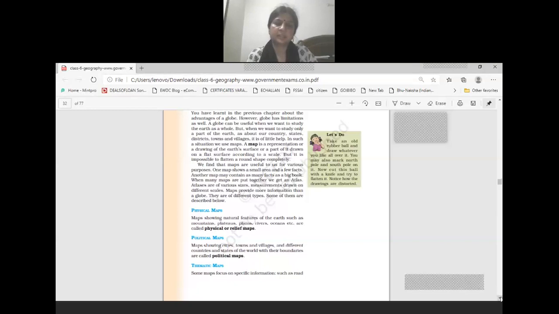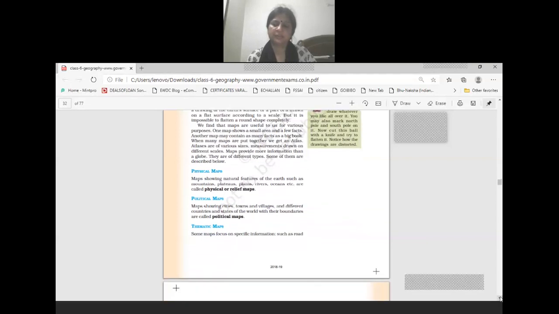And then we have discussed the types of the map. You can see it here. These are physical maps on which the physical features of the earth are shown. Then political map is there. Political maps are those maps in which, if the map is of the country, then different states will be shown with their boundaries.